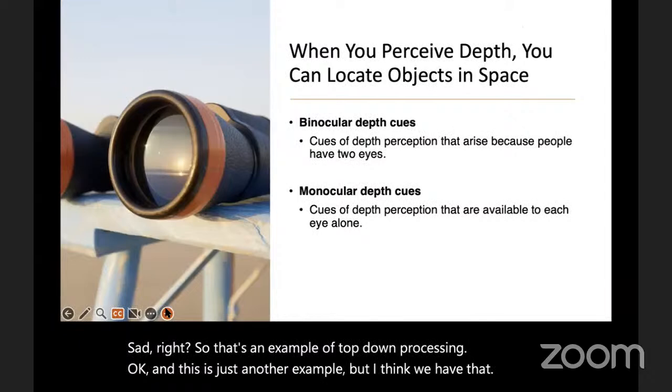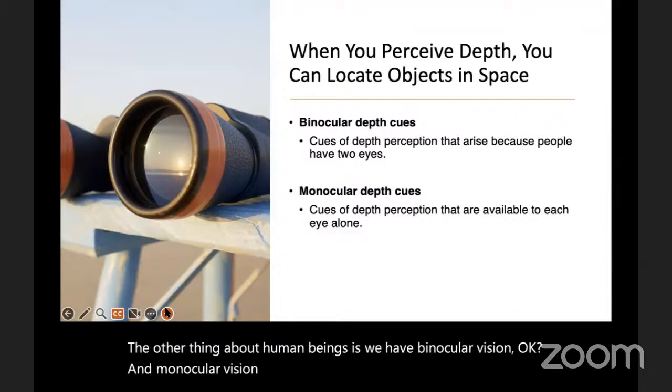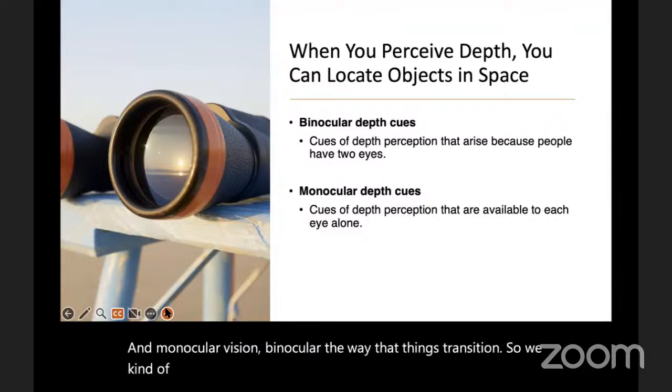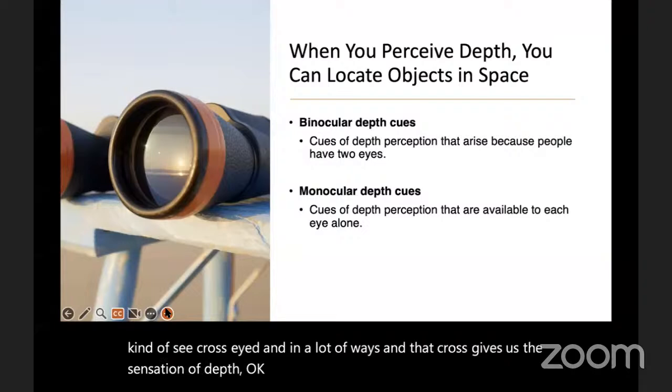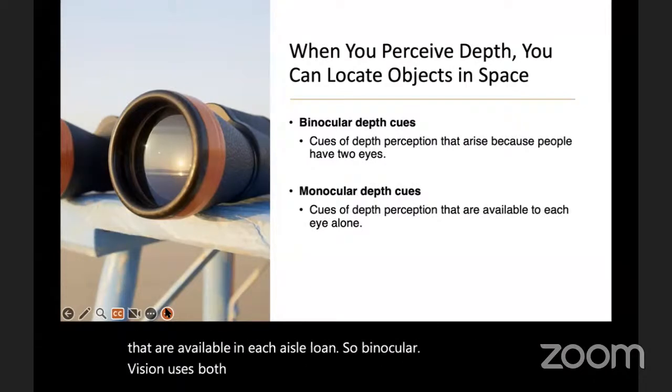The other thing about human beings is we have binocular vision, okay, and monocular vision. Binocular, the way that things transition, so we kind of see cross-eyed in a lot of ways, and that gives us the sensation of depth, okay? And monocular depth cues are cues of depth that are available in each eye alone. So binocular vision uses both eyes to determine a sensation, and monocular only uses one eye.